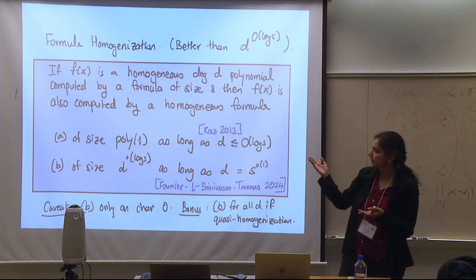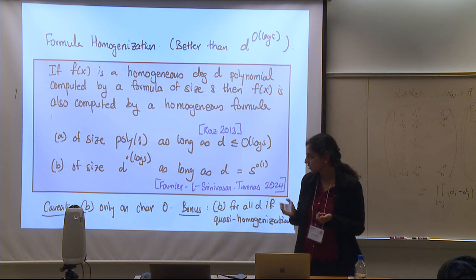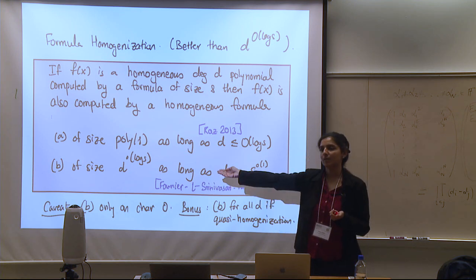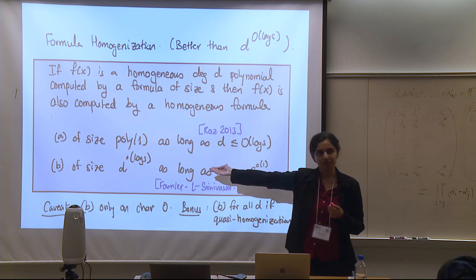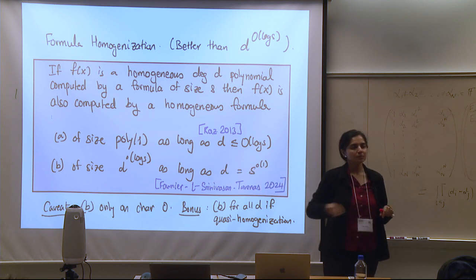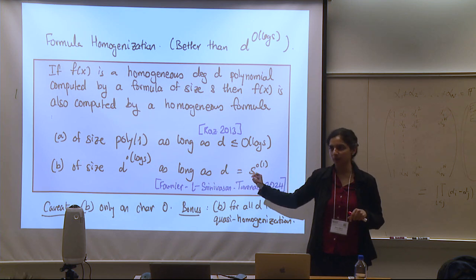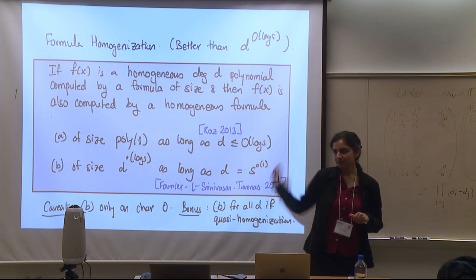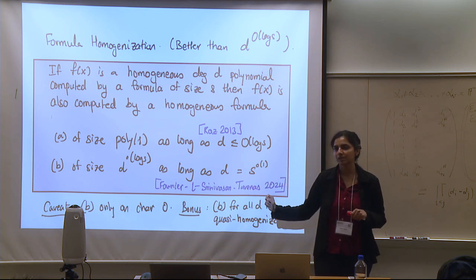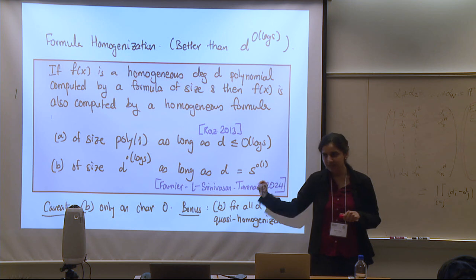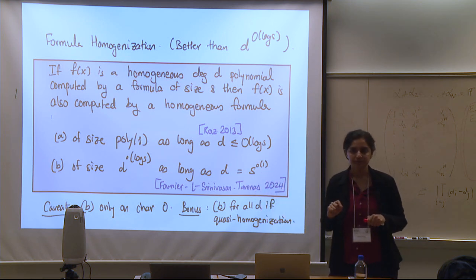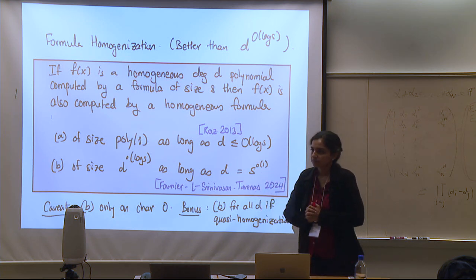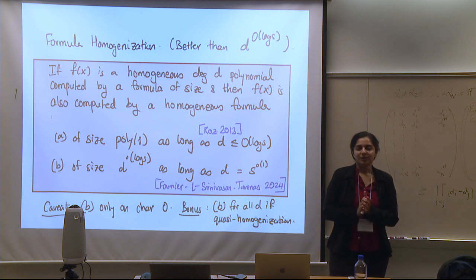Proving lower bounds for formulas that are homogeneous is enough, as long as I prove lower bounds slightly better than this function. So this theme will repeat itself a whole lot of times in this discussion: you take the circuit, mold it into something nice, and now for this nice thing, maybe I'm able to prove a lower bound. So that's what I wanted to say for this slide.